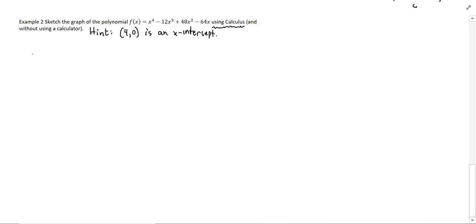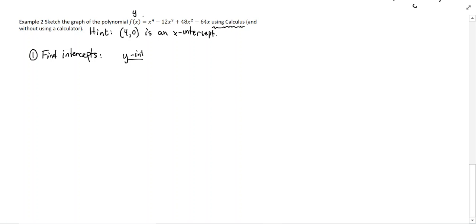Step 1, I'm going to do this in multiple steps. First thing we're going to do is find the x and y intercepts of the graph of this function. I'll start with the y-intercept, that's the easy one. To find the y-intercept, we set x equals 0 and solve for y.